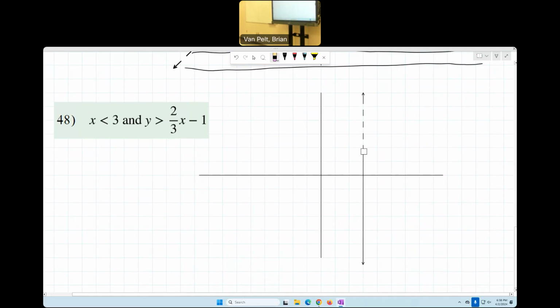Should I shade to the left or to the right of this? Left, those are the smaller numbers when you're talking horizontally. So I need to shade to the left. I'll use horizontal lines here, easier for me to follow that way.